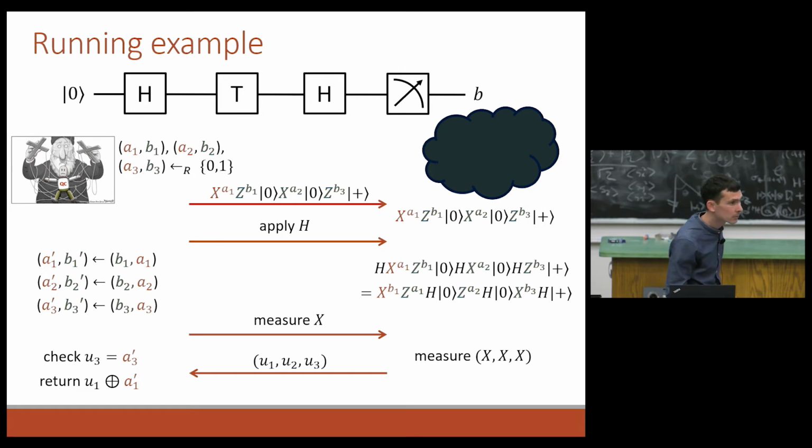I missed the part from updating the A1 prime, B1 prime, to the check U3 equal to A3 prime. What happened in between those two steps? Here and here? Nothing happened. The device measured and returned the outcomes of the measurement. But the new keys are never really used at all.